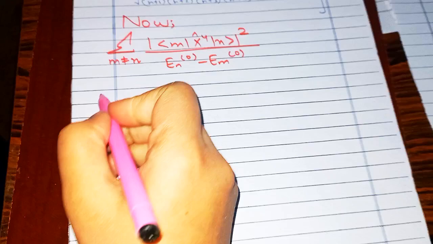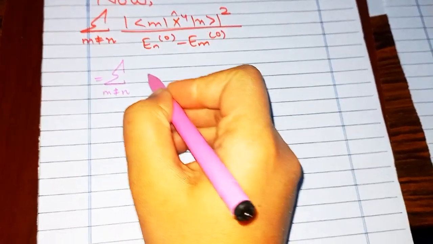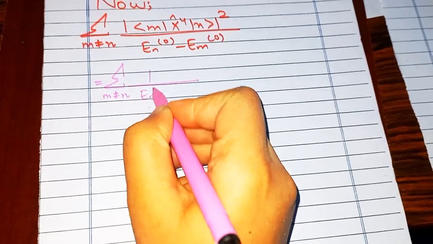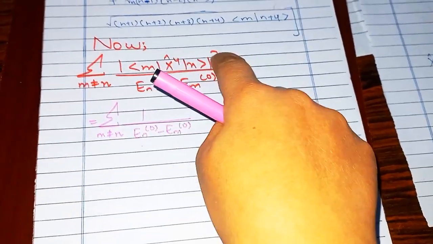First we'll write down the summation, which is m not equal to n, and we'll write this thing outside first, we'll multiply it inside later when we open up the square.